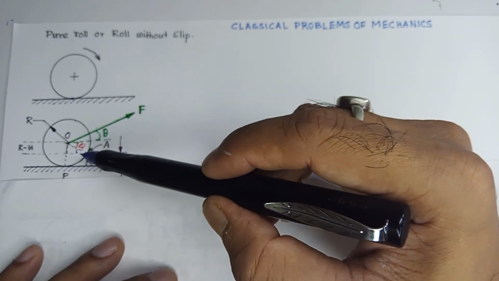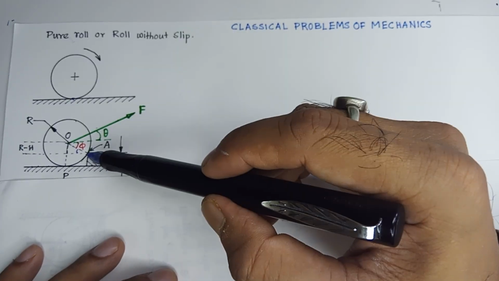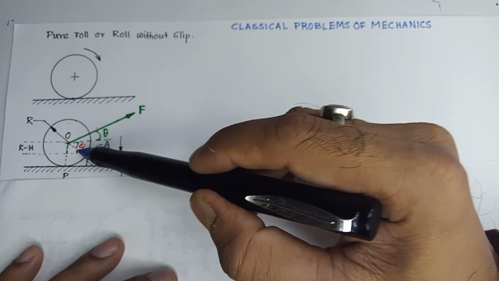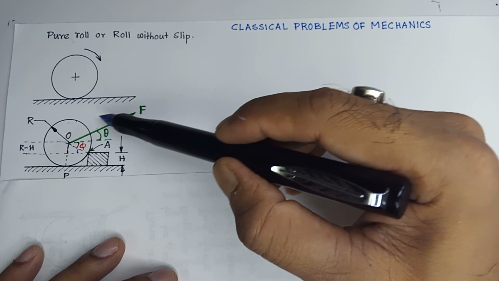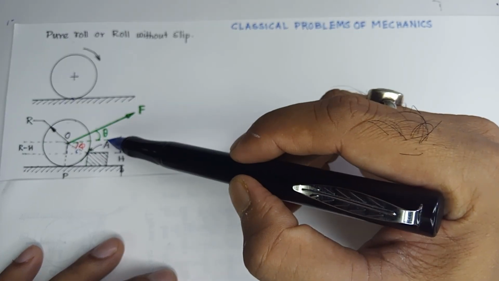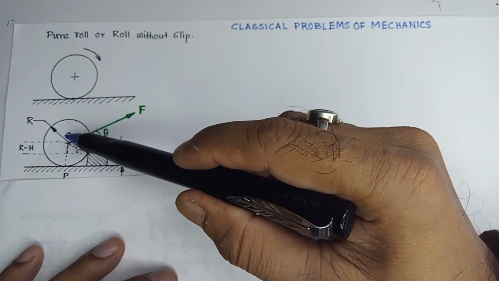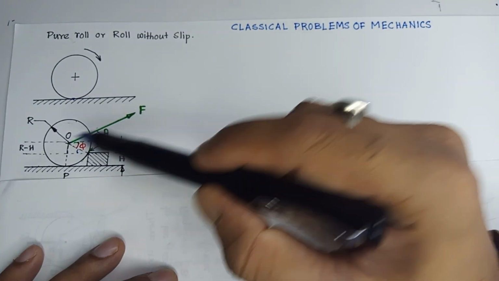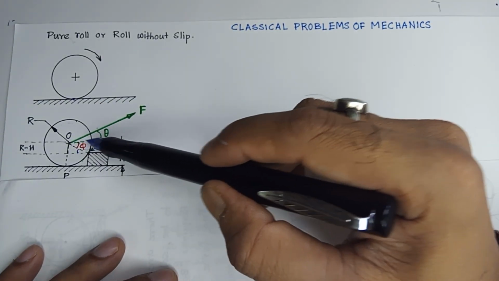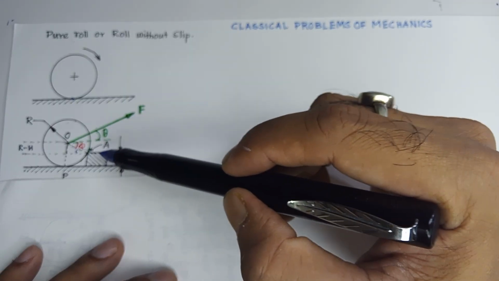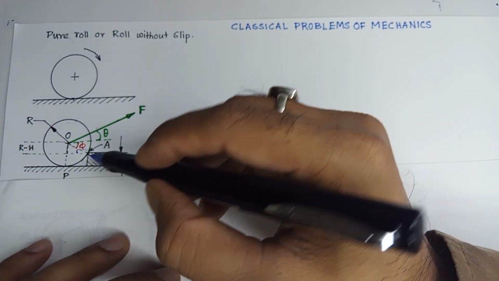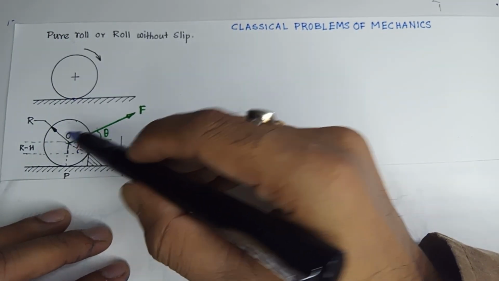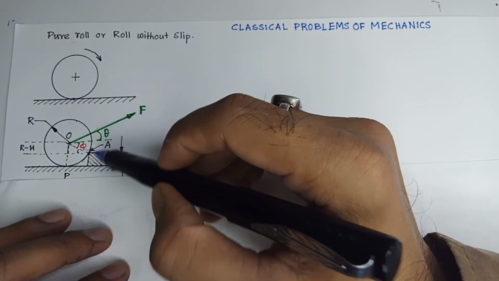The force that is required to make the roller or the disc come over this obstacle should be such that it can pull it over. So that is to be determined. That means what will be the minimum force that can pull it over this obstacle.